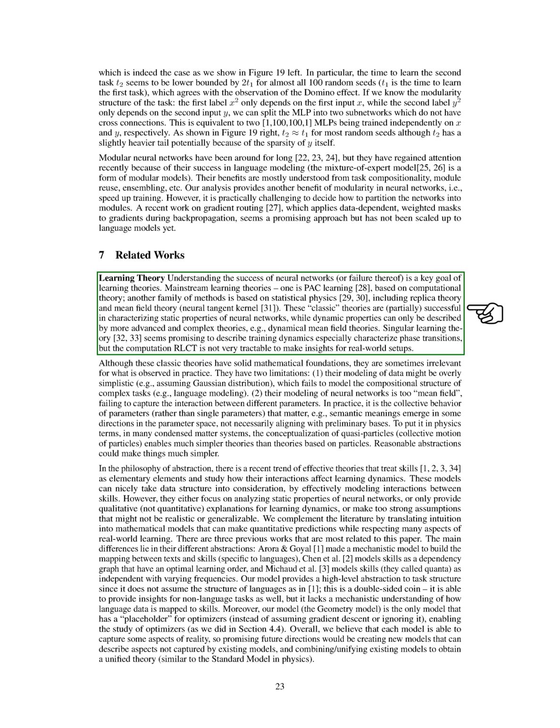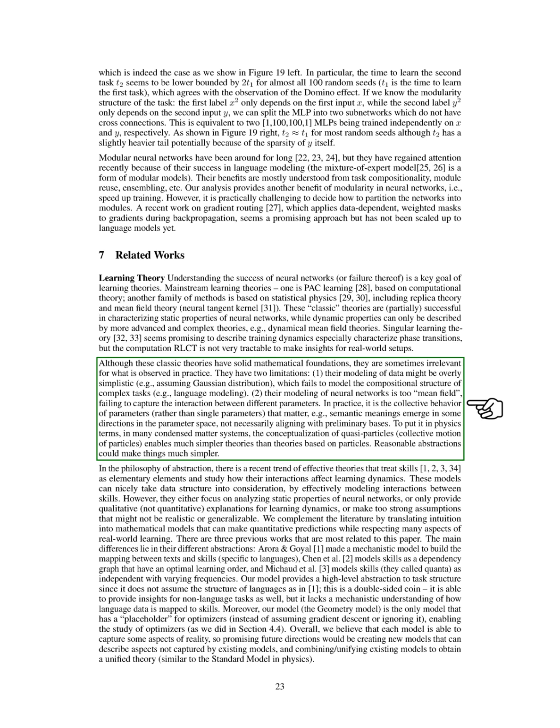Singular learning theory shows potential for describing training dynamics, particularly phase transitions, but its computational aspects can be complex. While classic theories have solid foundations, they sometimes fall short in practical applications. They may oversimplify data modeling or fail to capture interactions between parameters.